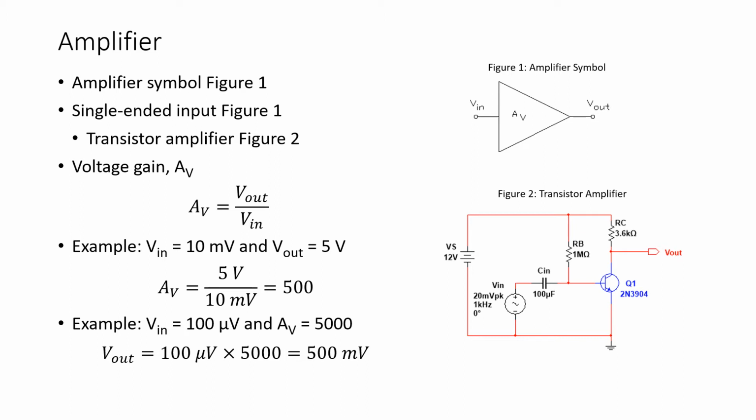Another example: if we have an input voltage of 100 microvolts and a voltage gain of 5,000, we can calculate the output voltage by rearranging the equation and solving for V out, where V out would equal 500 millivolts.